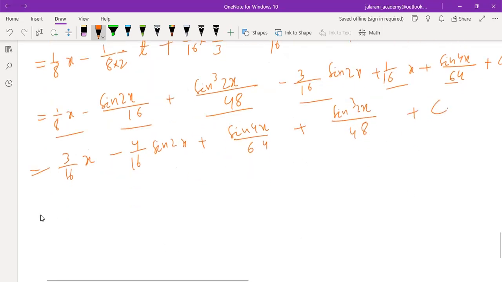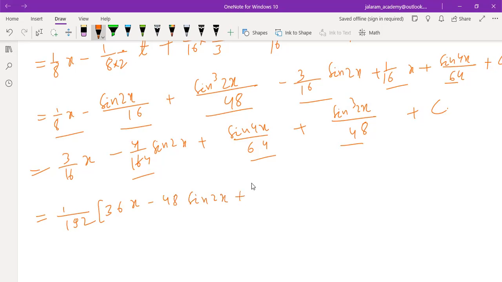So this is the answer, or you can take LCM of all the denominators 16, 64 and 48, which will be 192. 64 into 3 is 192, 16 into 12 is 12, 3 is 36x minus, this is 1 by 4 only. So when we multiply by 192, it is 48 sin 2x plus 64 into 3 is plus 48 into 4 is. Though there is one more method to solve this question.